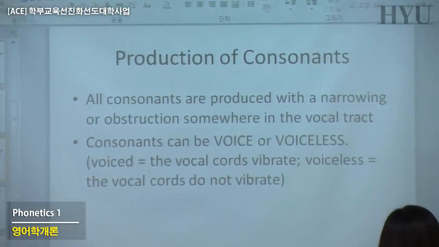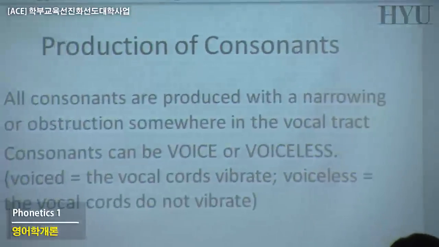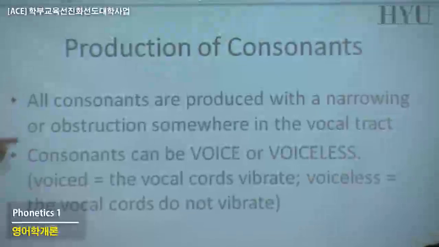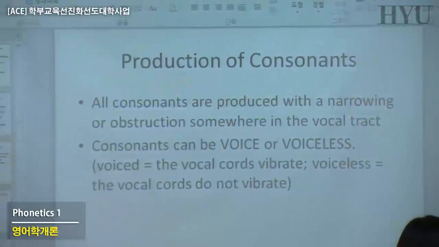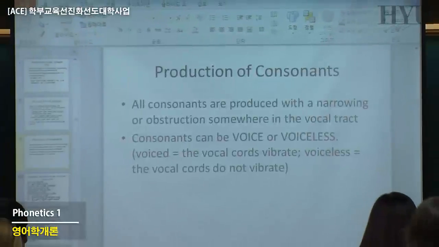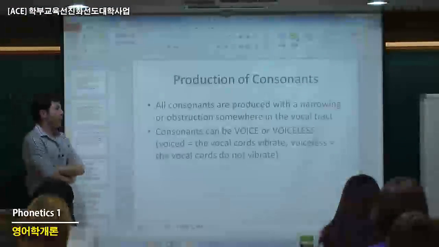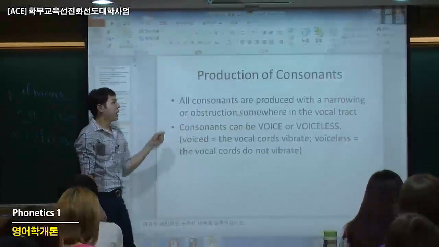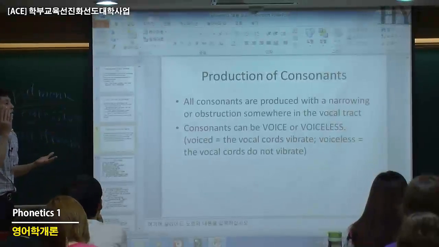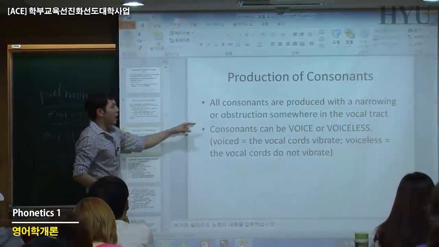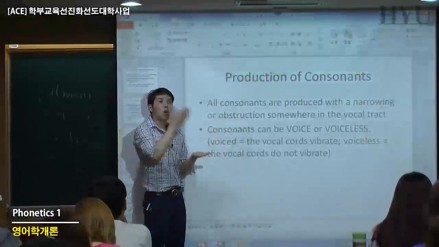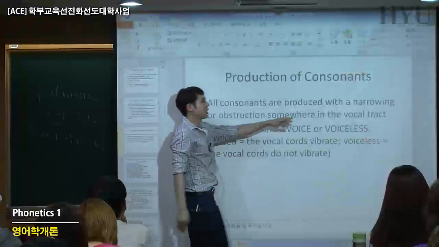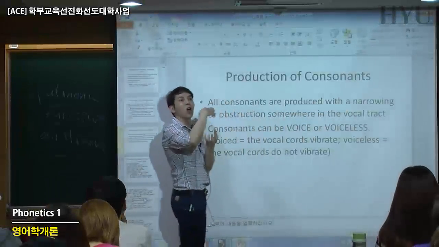So today we'll look at consonants, how we produce consonant sounds in English, right? There are 2 things that you need to know about consonant sounds. Consonants are produced with a narrowing or obstruction somewhere in the vocal tract. Meaning, when you produce consonant sounds, there will be some obstruction, some blocking, some narrowing of 2 organs.